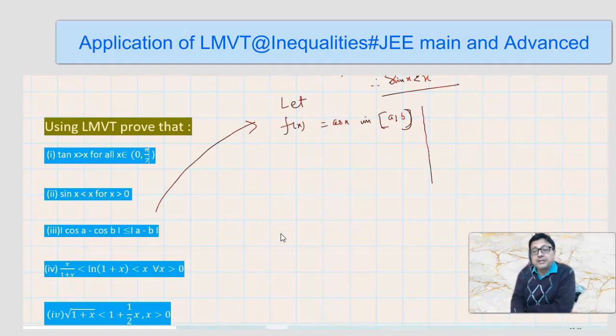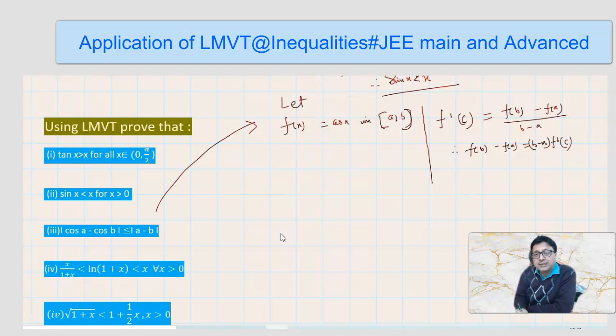It was 0 to x in the previous two sums, but here it is A to B. So if there is a point C in between A and B, f dash C is going to be (f(b) minus f(a)) by (b minus a). So f(b) minus f(a) will be (b minus a) into f dash C. This we are going to use as an equation.